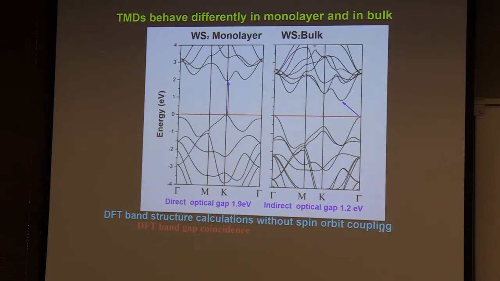This is in bulk, right? This is important because once you have a direct band gap, you can have interesting electronic and optical properties.